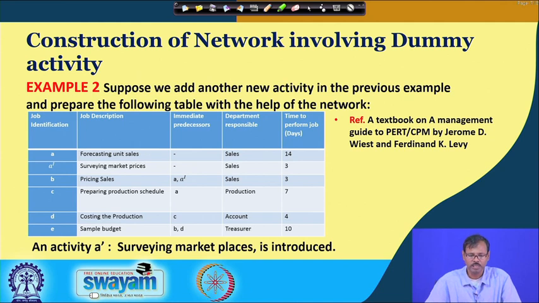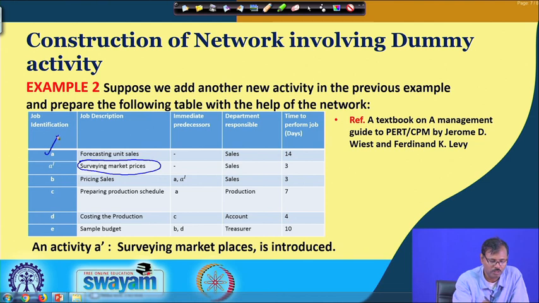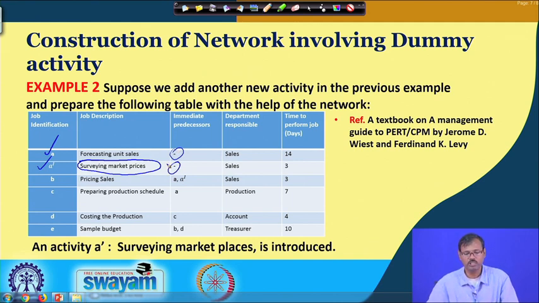Let us see how those problems arise when you go for preparing the network based on the arrow diagram. Let us consider the first example, but let us add another job in this, that is the market survey. So, along with forecasting of sales, we are adding another job, market surveying, which are independent, that means there are no predecessors for these jobs, and the sales department will carry out this project.